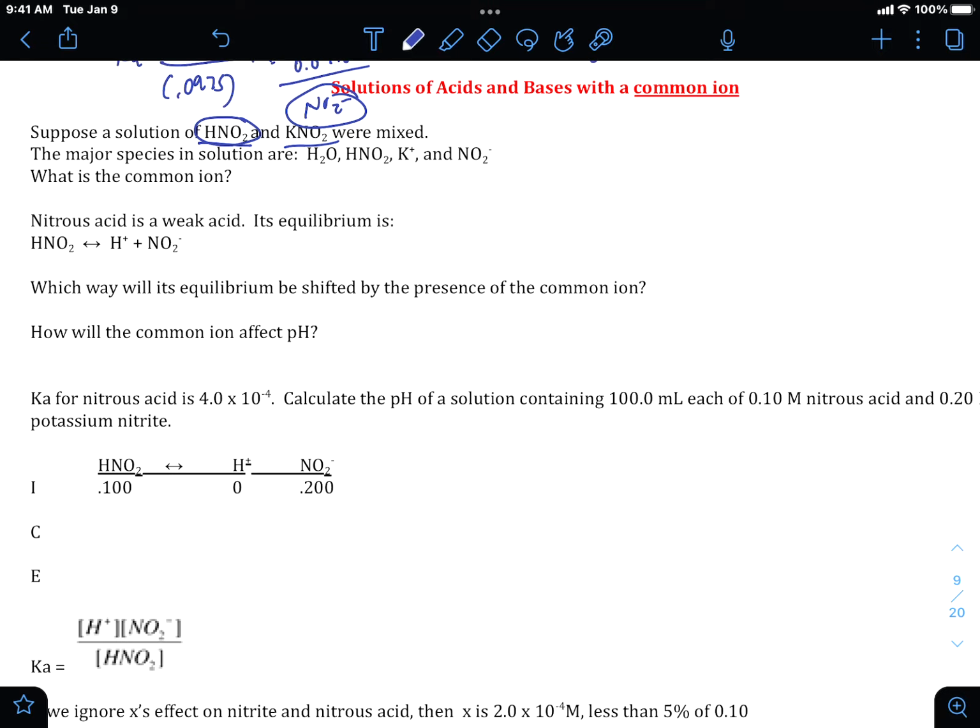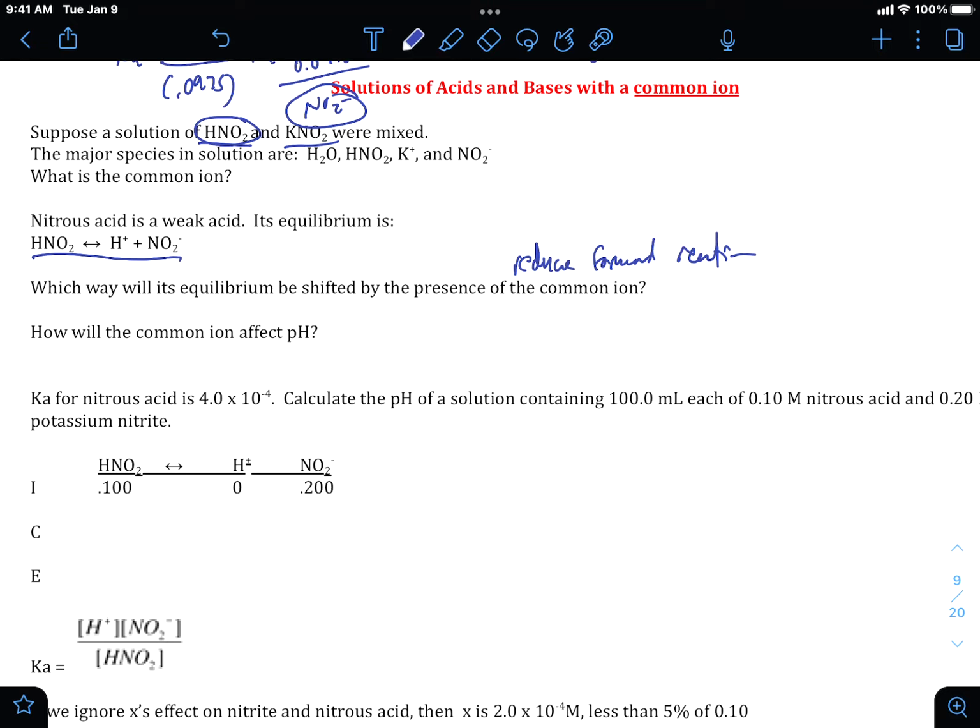If we write out an equilibrium expression, we have both reactant and product present initially. When you have a common ion, the typical tendency is to reduce the forward reaction. If your common ion is a product, then you're going to reduce how much the reaction moves forward. So the equilibrium tends to shift to the left.